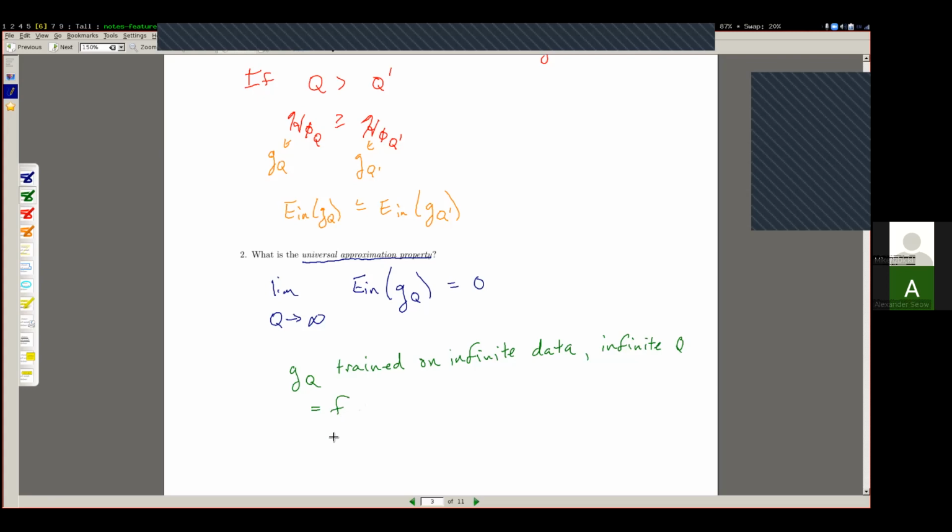If you have infinite data and infinite Q, we can get our GQ to be arbitrarily close to F. Formalizing that statement requires a bunch of super awkward real analysis, but that's the intuition: you can get your function to be as close as you want to any other function if you have infinite data and infinite dimensions.